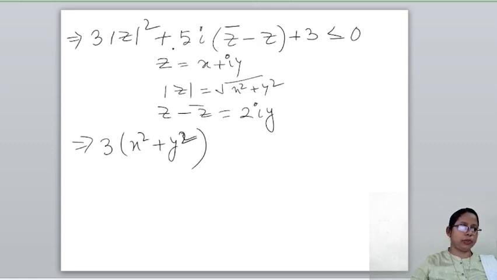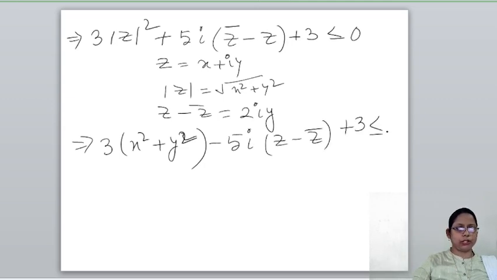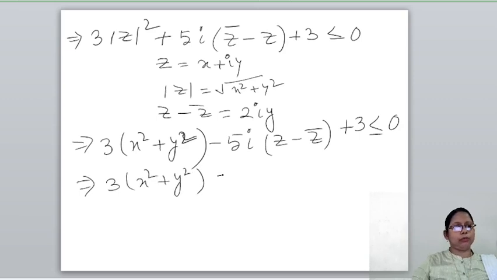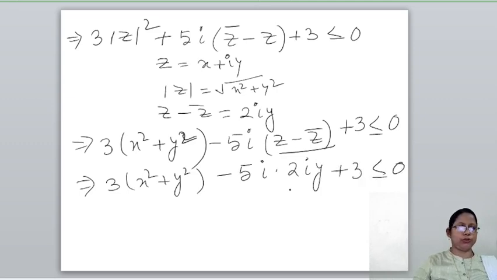Then if I take minus common, this will be 5i times z minus z conjugate plus 3 less than or equal to 0. This implies 3 times x square plus y square minus 5i, and here z minus z conjugate is 2iy, plus 3 less than or equal to 0.